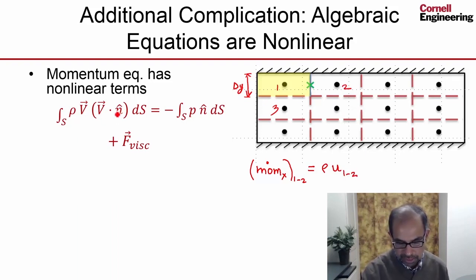V dot n, that's the normal component of the velocity at that face, and the normal is in the x direction, so that's just u, and again we'll assume that's constant over that surface, so we'll get another u12.